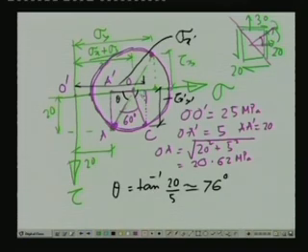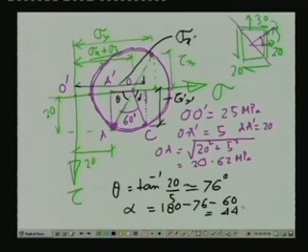So, if we represent this angle by alpha, then alpha is equals to 180 minus 76 minus 60, which is equals to 44 degree. OC being the radius, then the normal stress sigma x dash will be equals to the distance O dash plus the radius cos alpha.